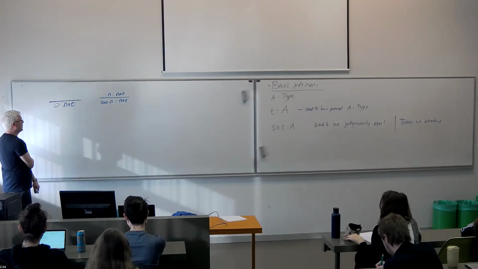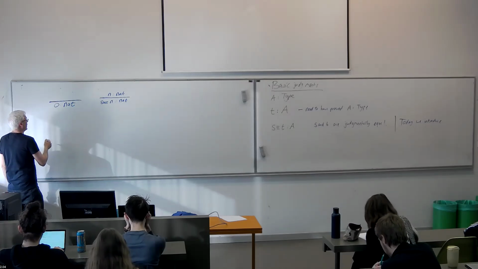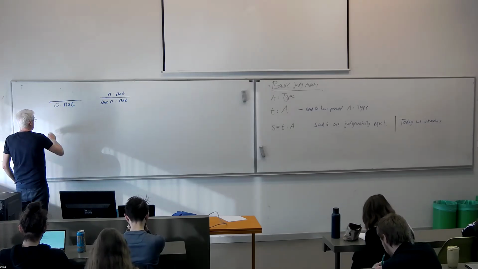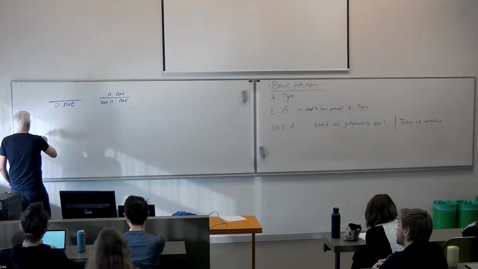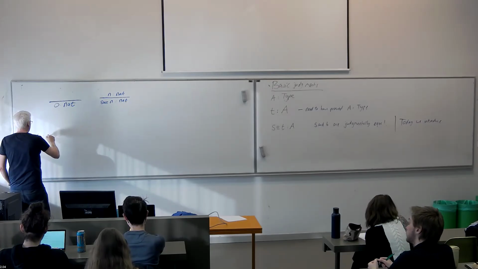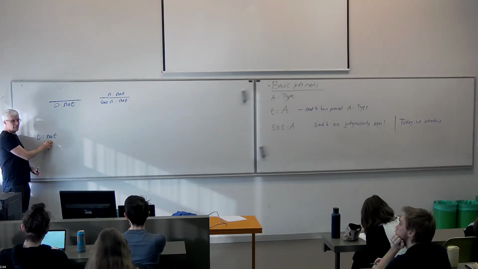What the elimination rule tells us is, so here we've got ways of building natural numbers, terms of the form natural number. But for the elimination rule, if we were going to write it in the standard format, then we assume that we've proved some term is a natural number, and the elimination rule is how we can use that information.